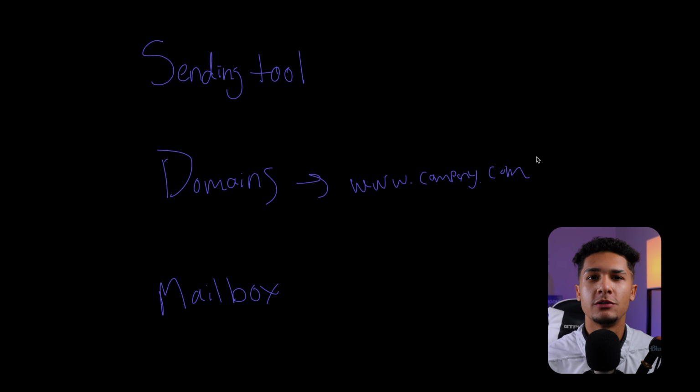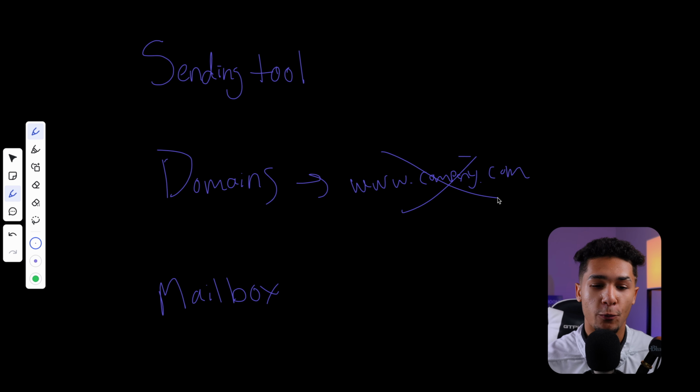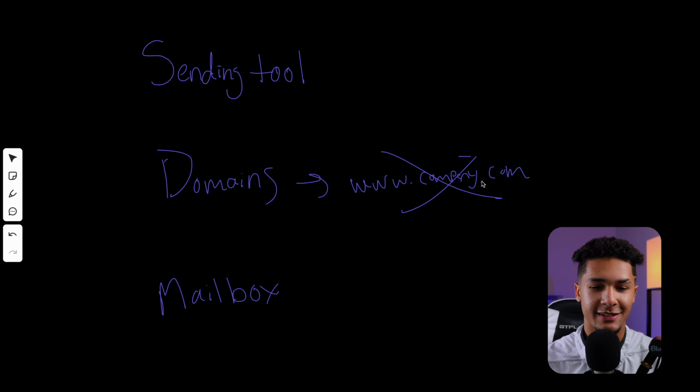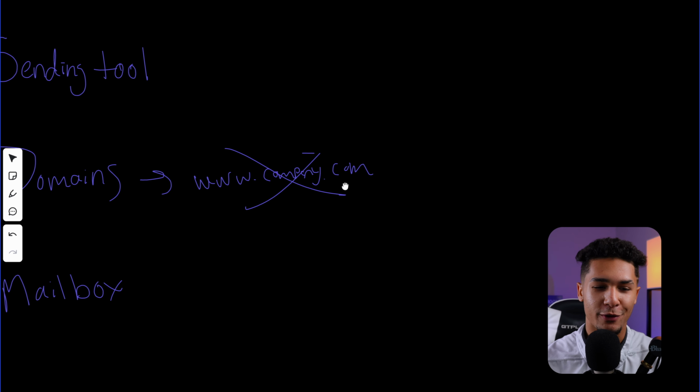I don't want to use that domain when I'm doing cold email, because if I send an email to someone, let's say I send it to the wrong person, which you probably will when you're getting started, they're going to mark me as spam. That domain's going to get burned, and then I can't send emails to clients. I can't send invoices. I can't send anything from that domain because it becomes burned. So we don't want to use our main company domain when starting off with cold email. And this is definitely a mistake that a lot of us make when we first get started.